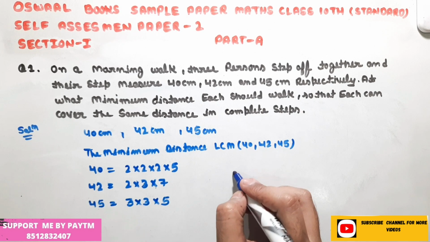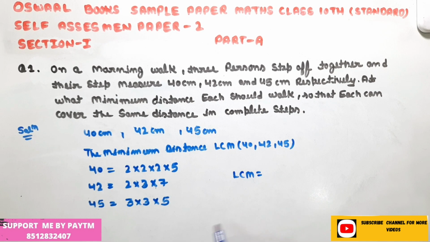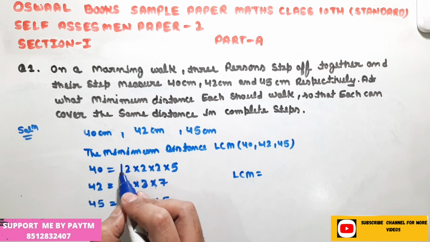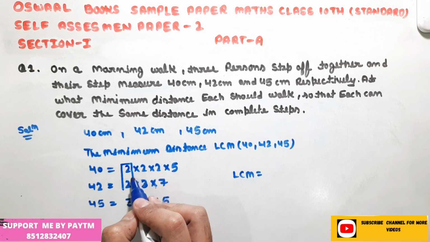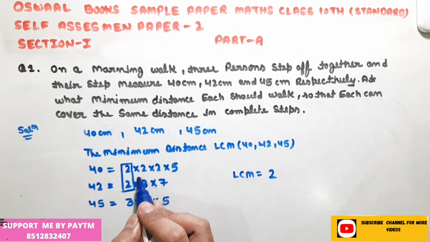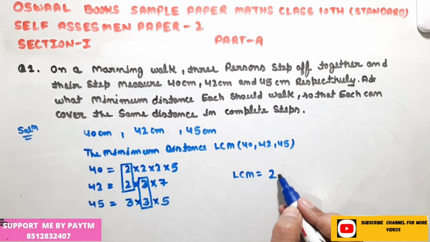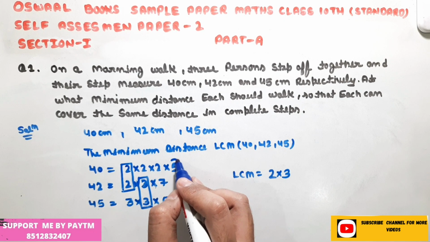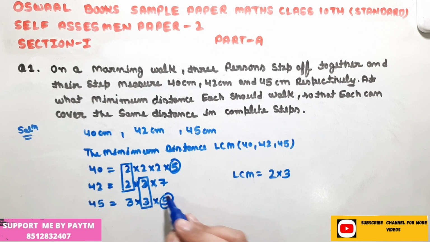So the LCM will be: 2 is common from these two, 3 is common from these two, 5 is common from these two.